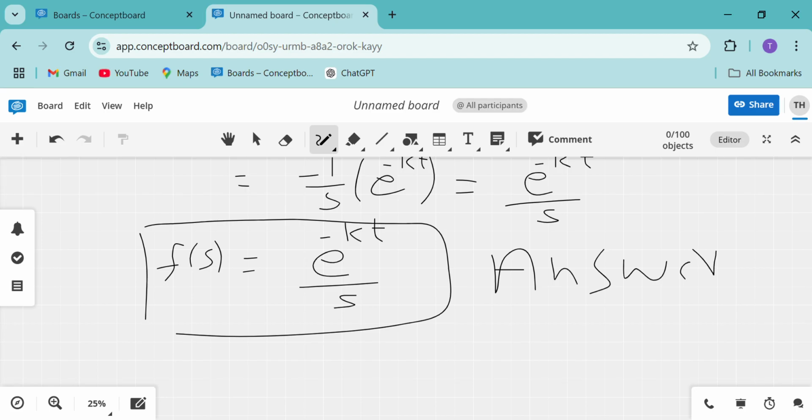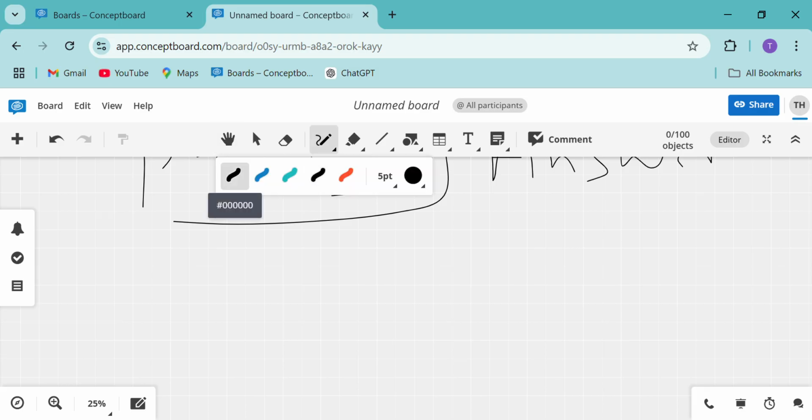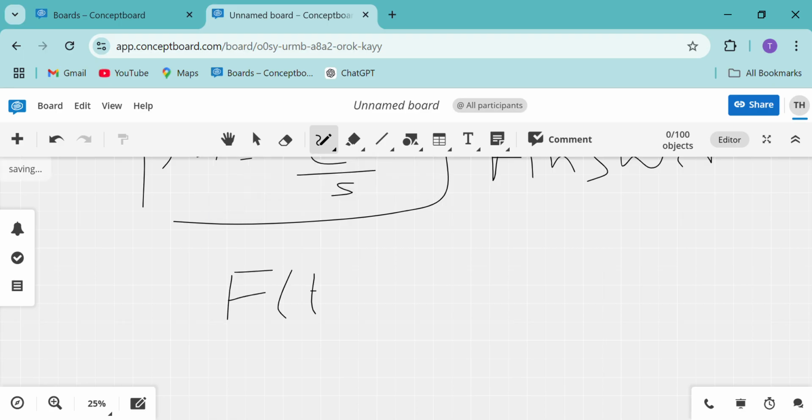Now I will solve another example of Laplace transformation. For example, our f of t is exponential kt.